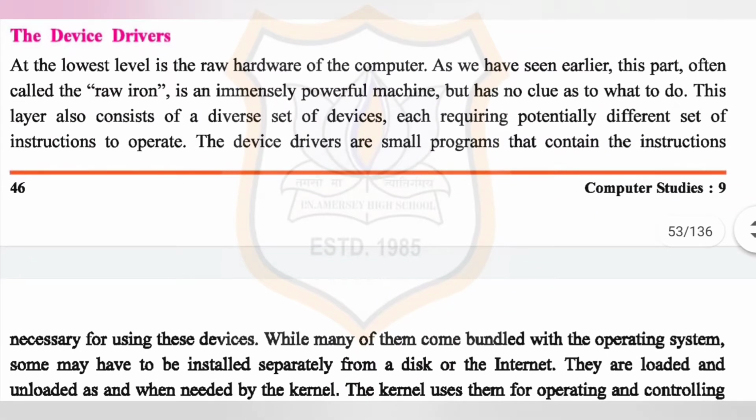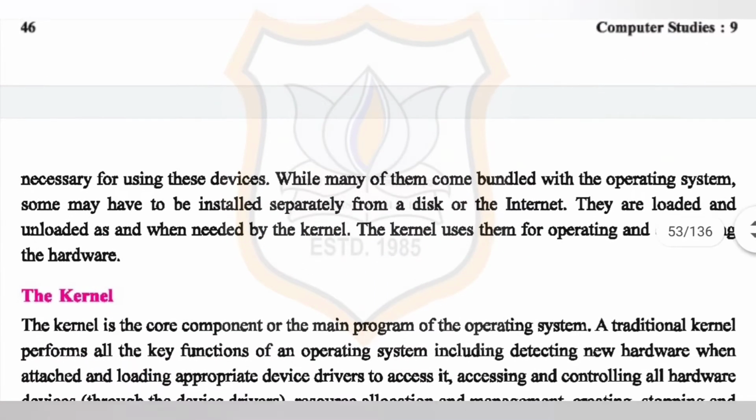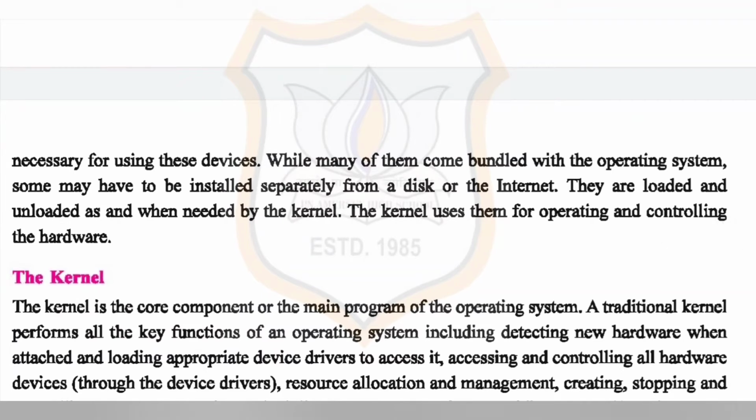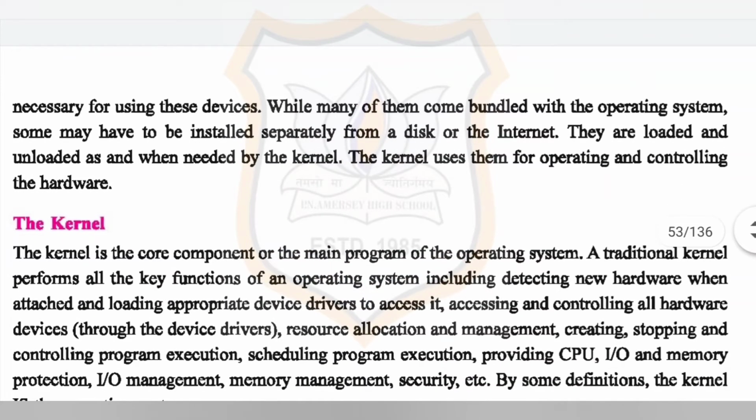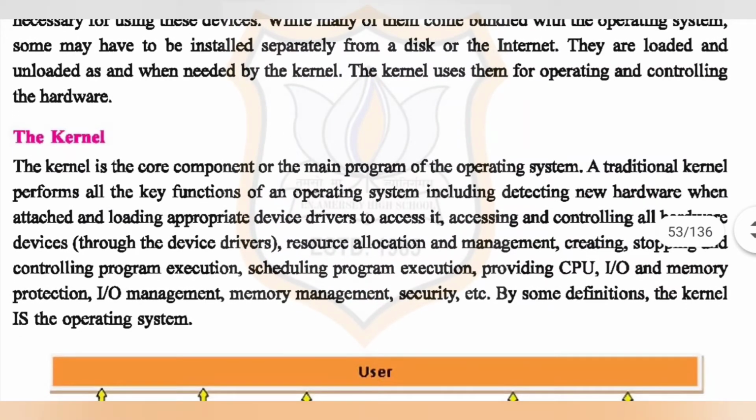The device drivers are small programs that contain the instructions necessary for using these devices. While many of them come bundled with the operating system, some may have to be installed separately from a disk or the internet. They are loaded and unloaded as and when needed by the kernel. The kernel uses them for operating and controlling the hardware.